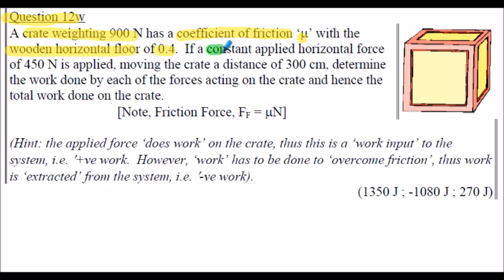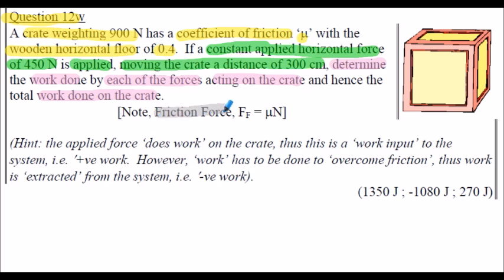If a constant horizontal force of 450 newtons is applied, and that moves the crate 300 centimeters, we've got to determine the work done by each of the forces acting on the crate, and hence the total work done on the crate. Notice the hint in the question. We covered this in a previous lecture. Friction force is equal to mu times N, that's the coefficient of friction multiplied by the normal force.